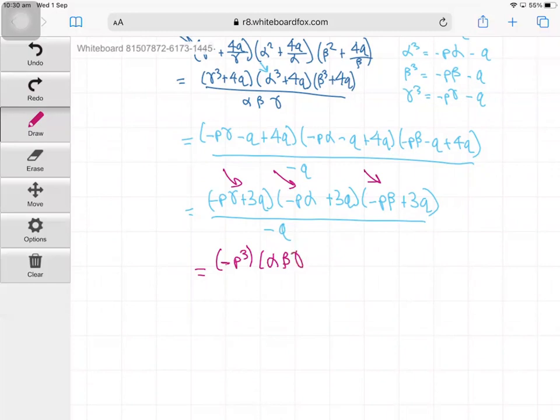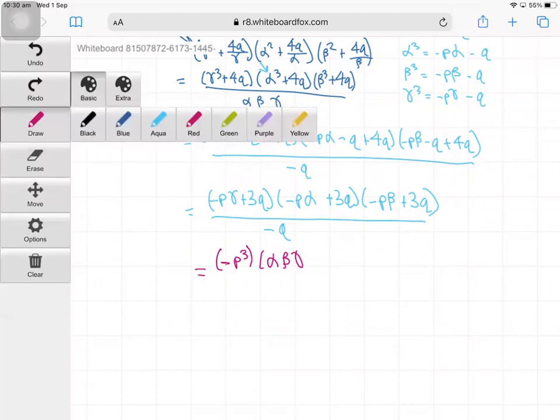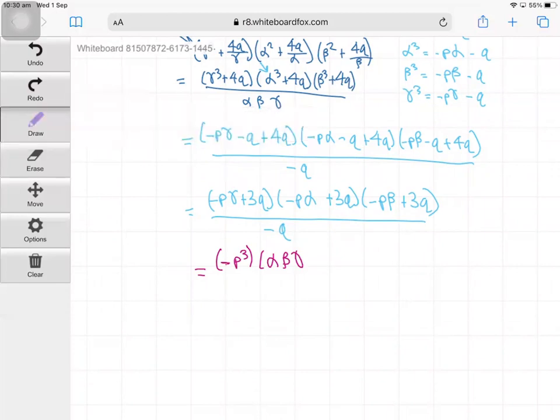Now you can do the alpha beta plus beta gamma plus gamma alpha terms. An example is this term over here, and there's three of those terms. You'll end up having plus 3qp squared times alpha beta plus beta gamma plus gamma alpha.